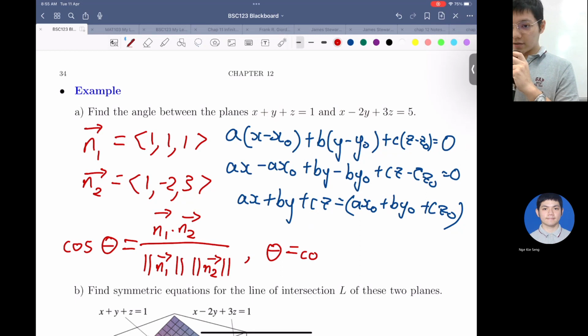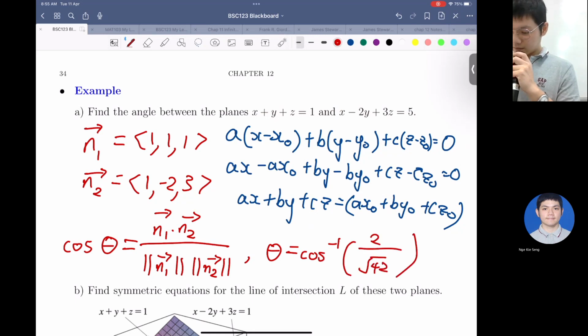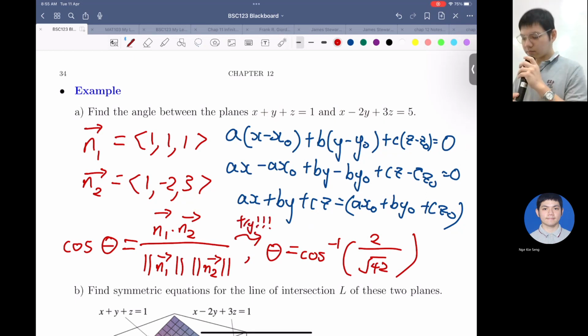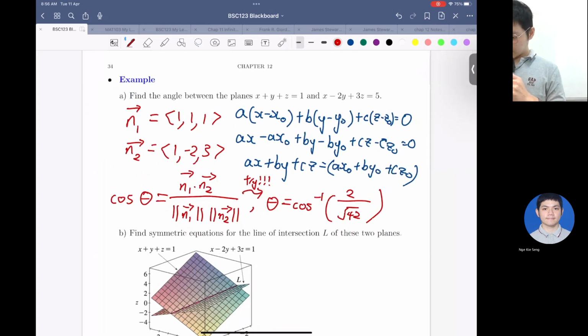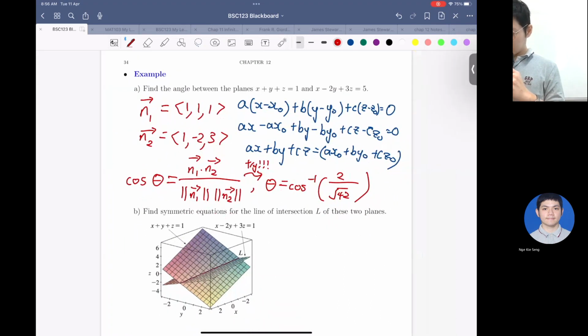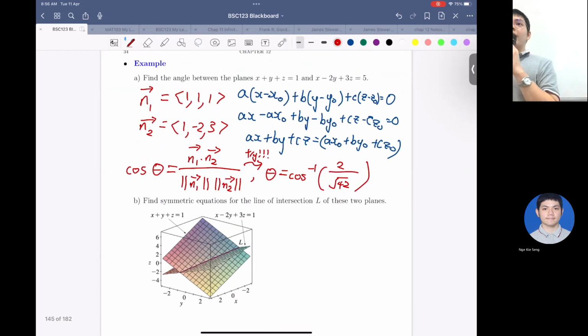So I think the theta is cos inverse of 2 over square root of 2. Can you do the dot product, compute the length? Then divide and find the angle.